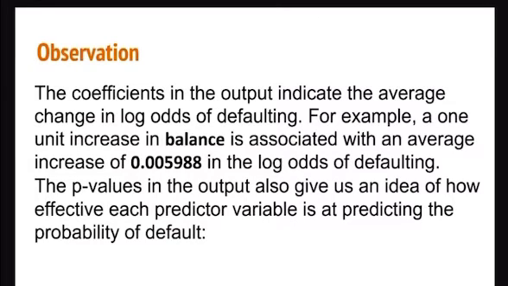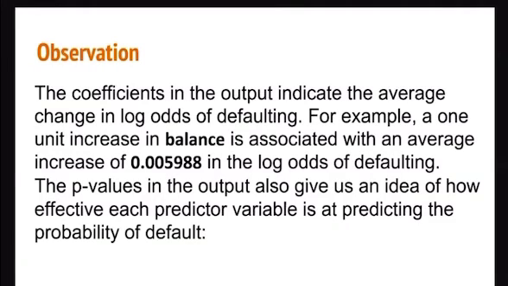For example, a 1 unit increase in the balance is associated with an average increase of that in the log odds of the default. If you don't put in the log odds, then you are misinterpreting. Does that make sense?